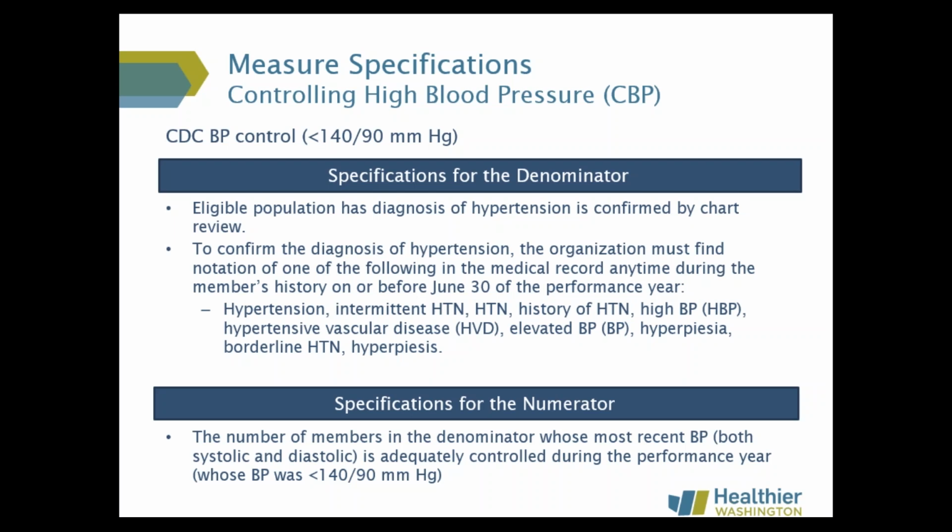So therefore, since the measure specifies that they be diagnosed within the first 6 months of the measurement year or prior with hypertension, this provides adequate time for the measure to actually be computed as it involves ongoing care of the patient.